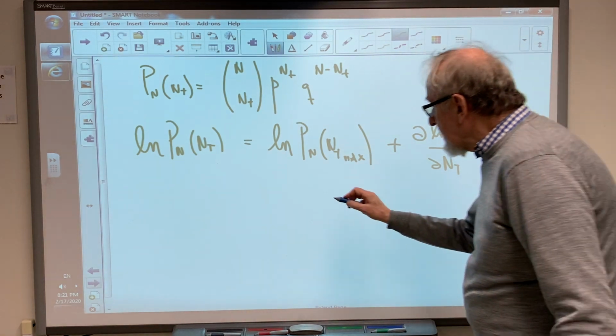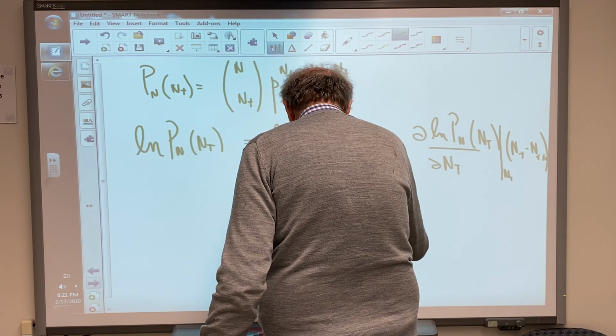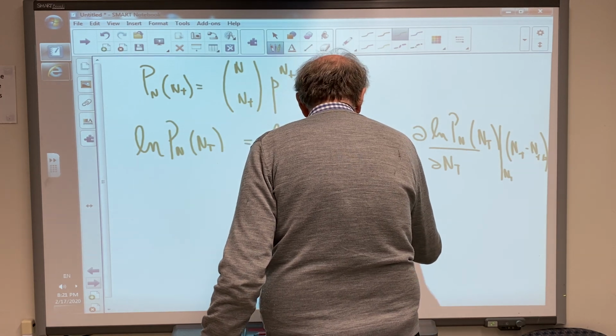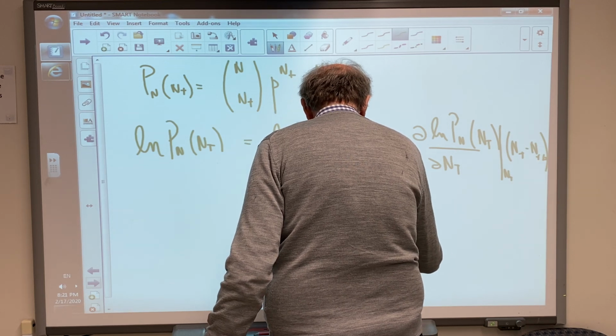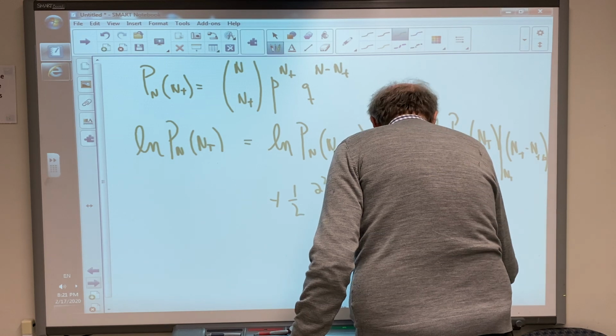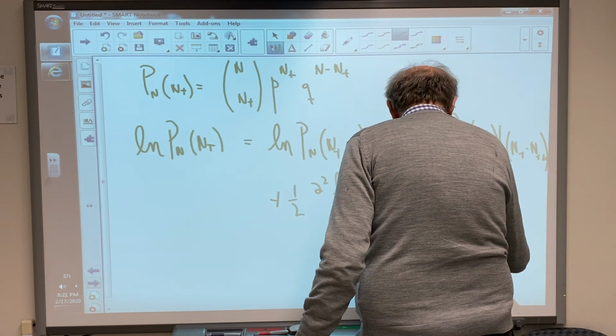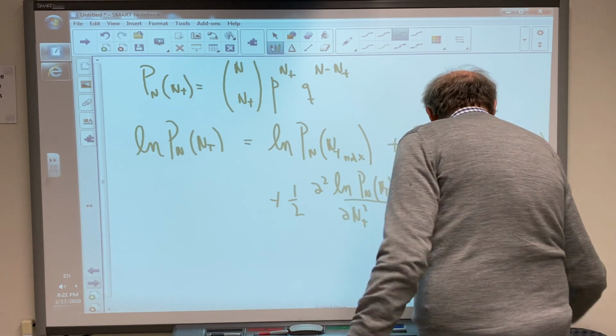And the next term is 1/2 times the second derivative of the logarithm of Pn of n plus with respect to n plus twice, calculated at n plus maximum, times n plus minus n plus maximum squared.